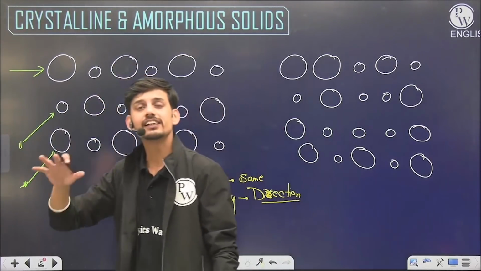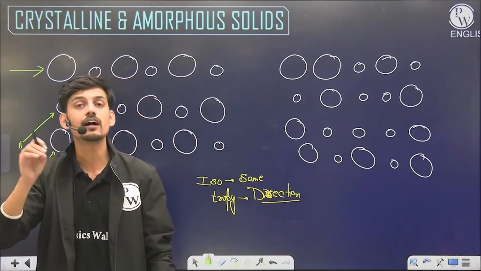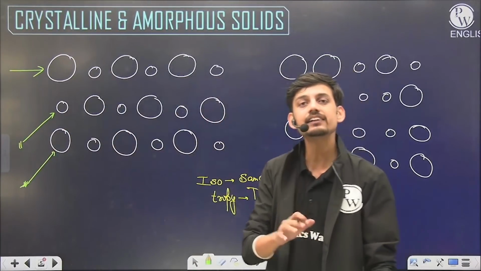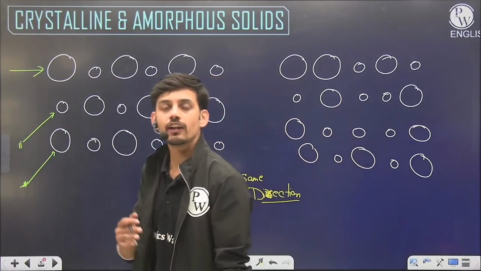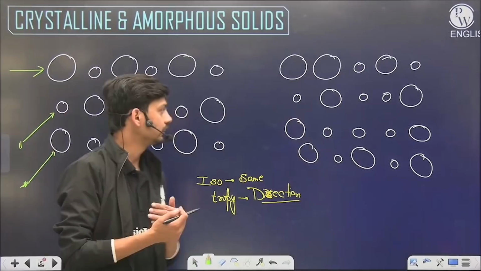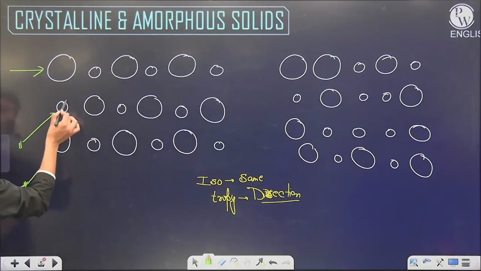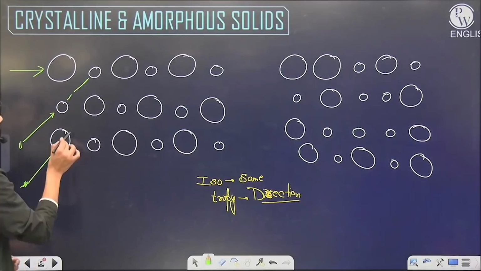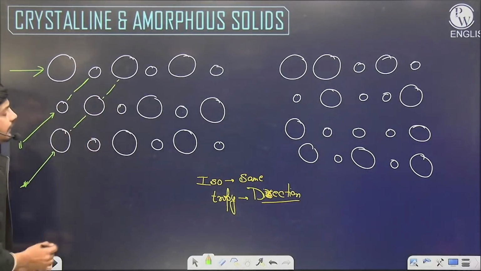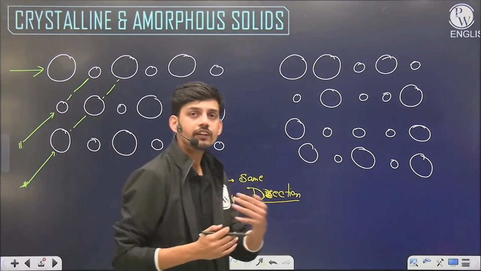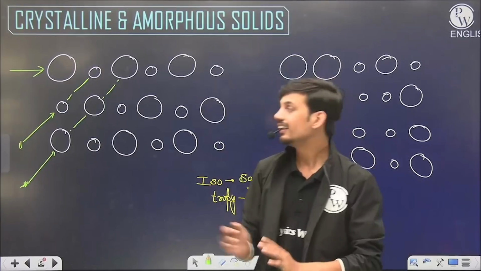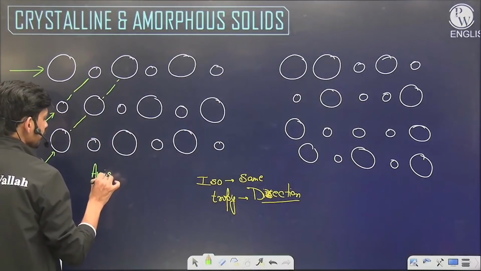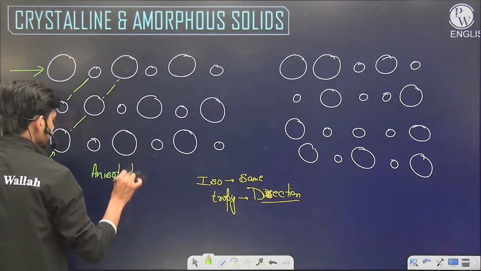So although crystalline solids have the same regular long-range pattern, the pattern differs in various directions. Now if the pattern is different in various directions, then it might be possible that these particles show a lesser tensile strength, while these particles show a greater tensile strength. So due to the different pattern in different directions, a crystalline solid shows anisotropy. This is having an isotropic nature.